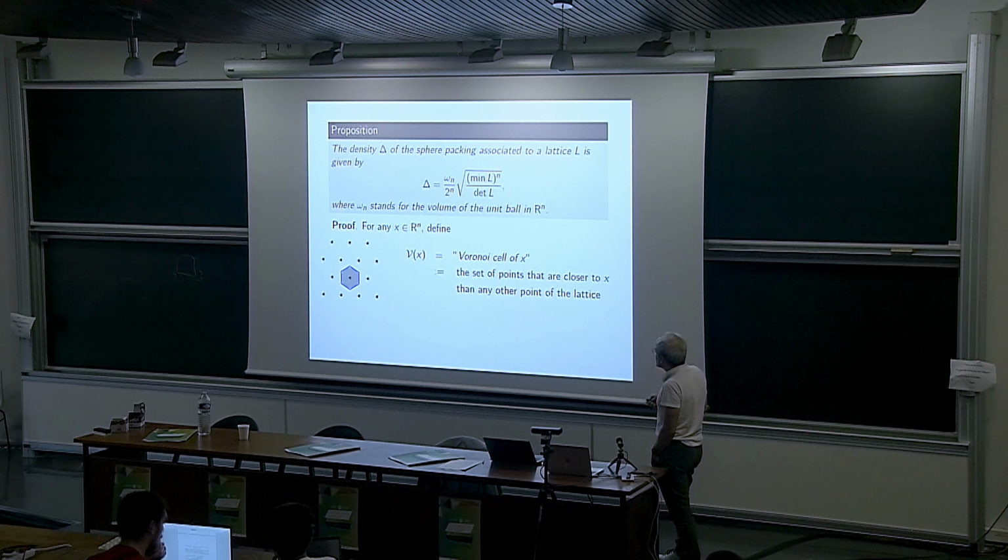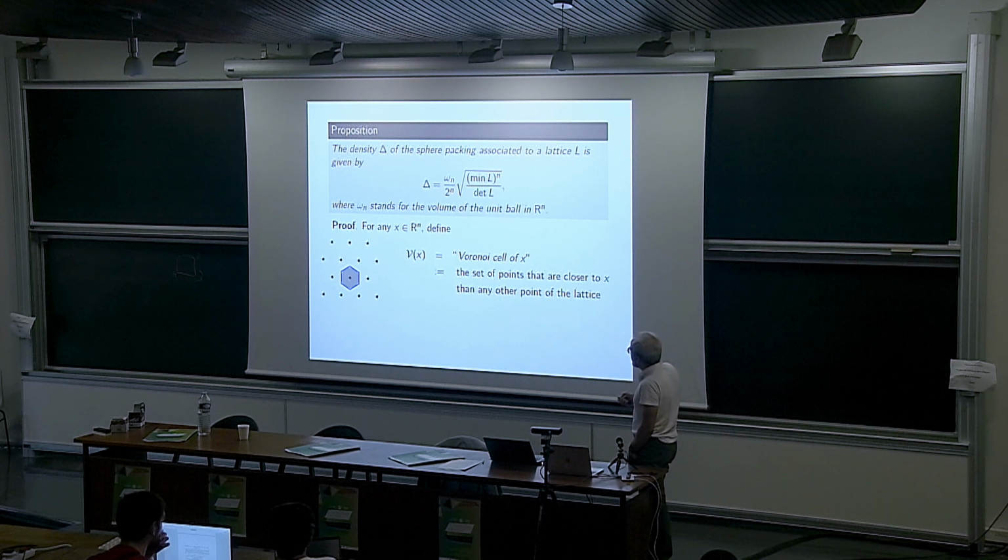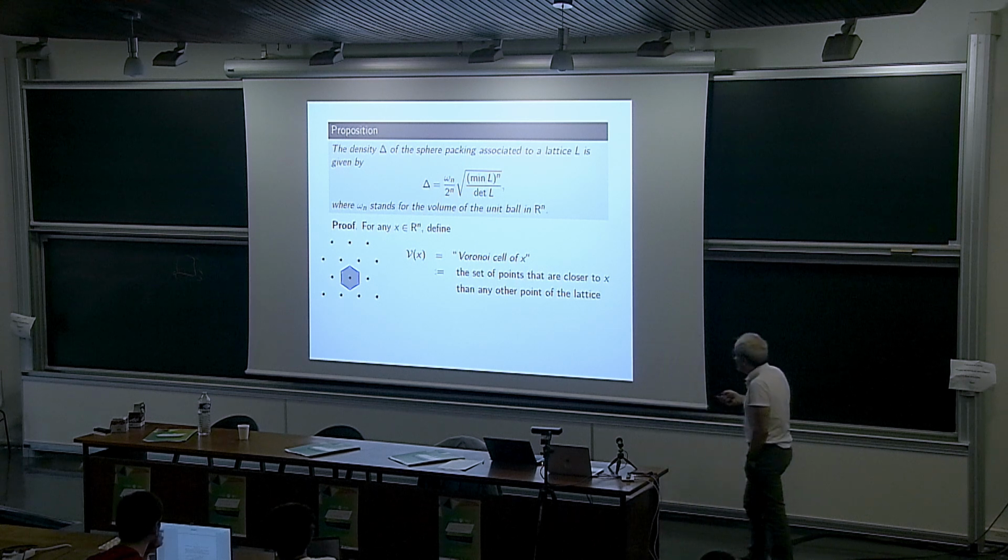It turns out, and I will give some detail on the next slide, that the density of the sphere packing is well approximated by the ratio of the volume of a single sphere by the volume of this Voronoi cell. And that's it, essentially.